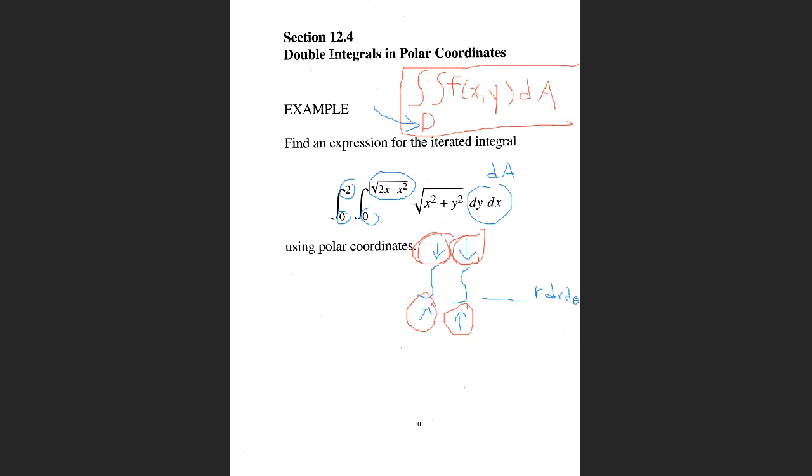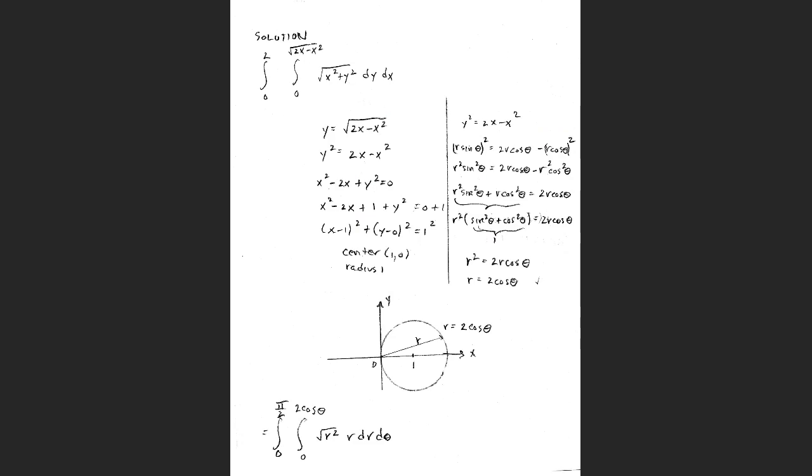We have to be able to identify this region D based on the limits that we have. Okay, and what we're told in the problem here, let me go to the next page. So here's our solution.